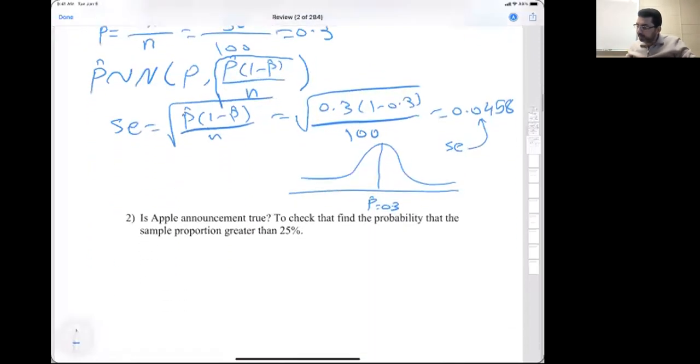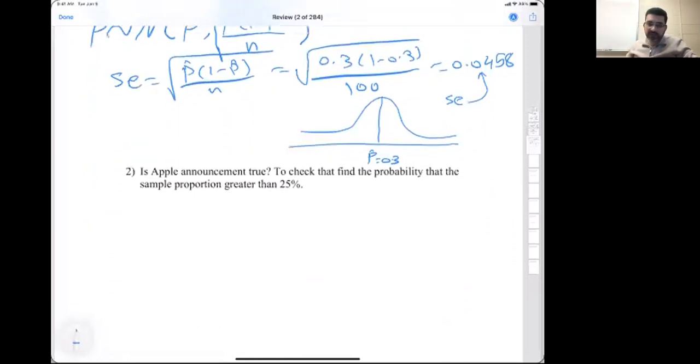That means, to check that, you have to find the probability that the sample proportion is greater than 25%.